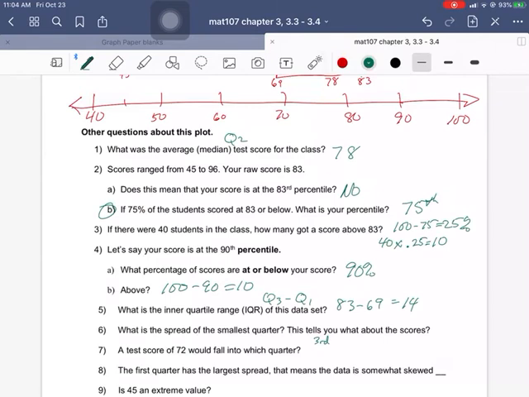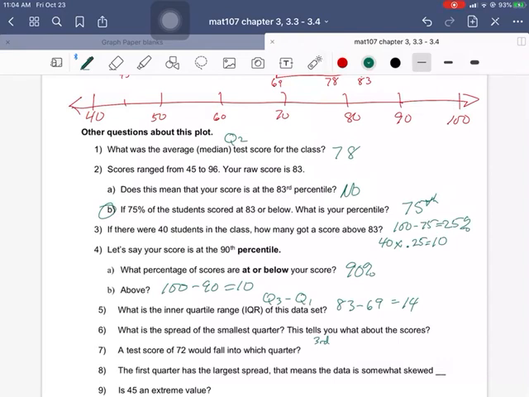So there are just as many in there. So I would say, since the third quarter is the smallest, it contains the equal number of data, so that there were more students that scored between a 78 and a 83 than anywhere else.